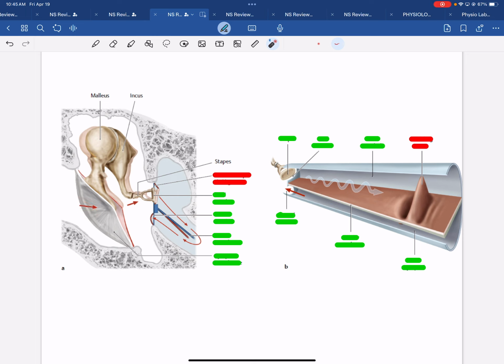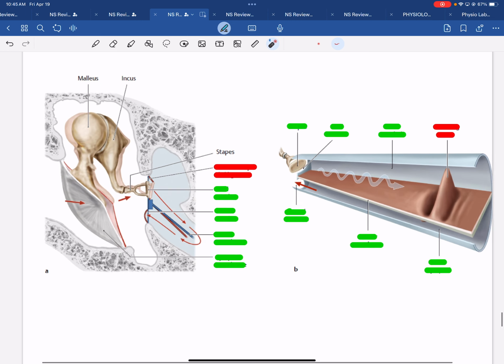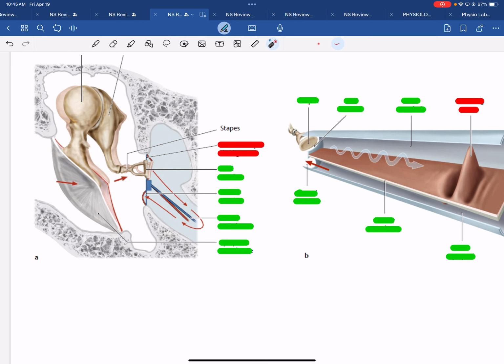The pressure wave oscillates the tympanic membrane, which causes all of these to oscillate. And then the stapes is pressing on which structure? Good, the oval window. And the oval window is pressing on which fluid? Good, the perilymph inside of which space? The vestibular duct. Good.